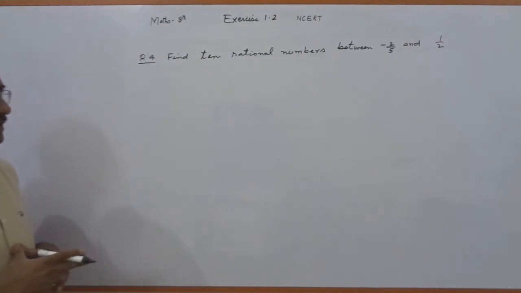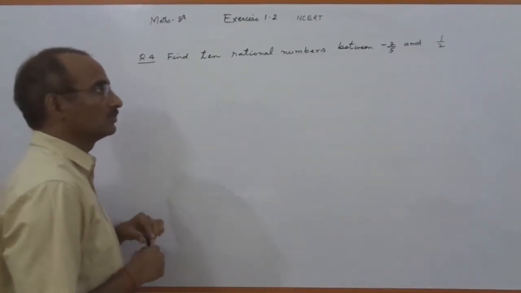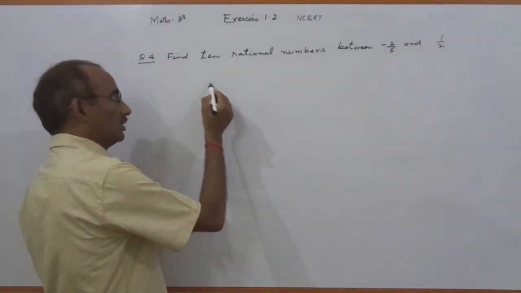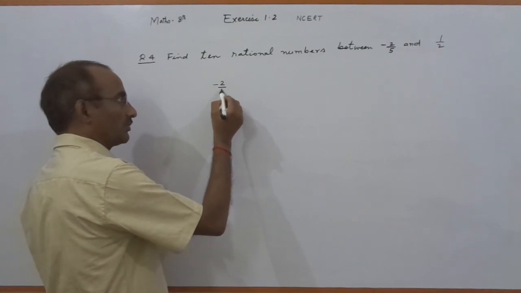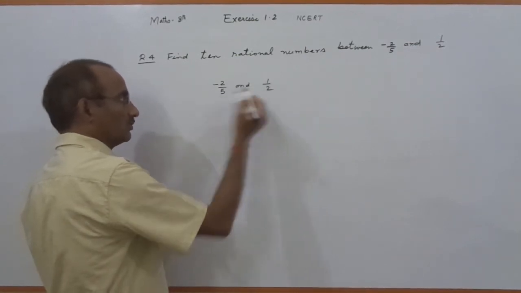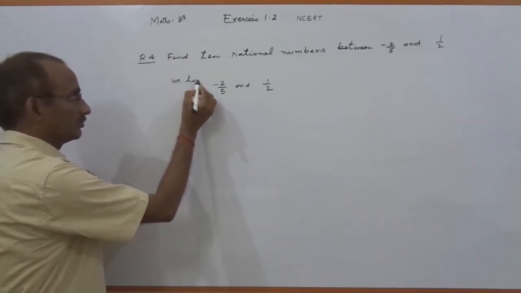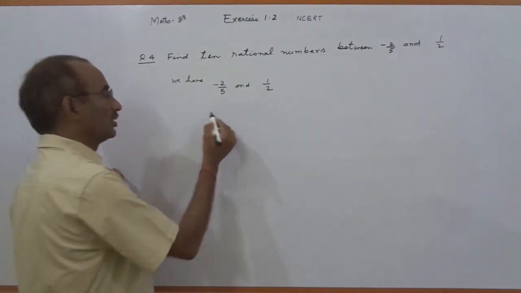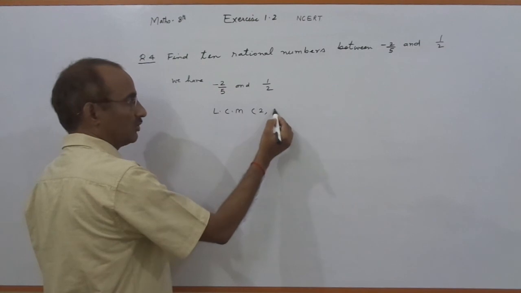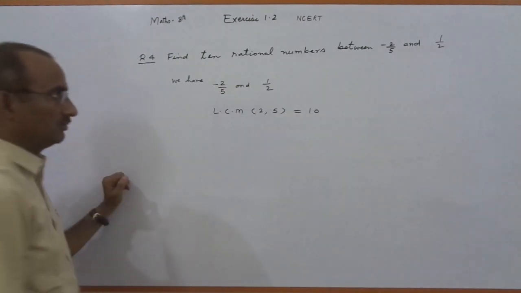We have to write 10 rational numbers between -2/5 and 1/2. Here we have -2/5 and 1/2. LCM of 2 and 5 will be 10.